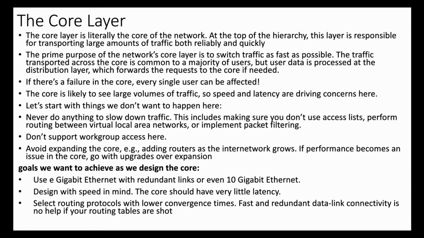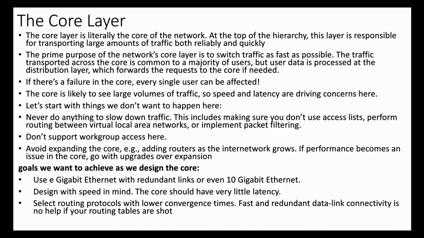The traffic transported across the core is common to the majority of users. User data is processed at the distribution layer, and the information which is transferred in the core layer majorly belongs to the users.